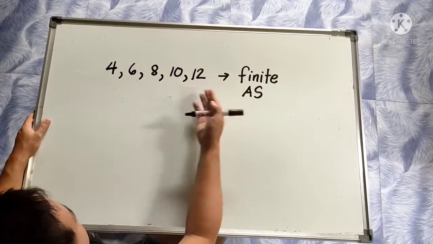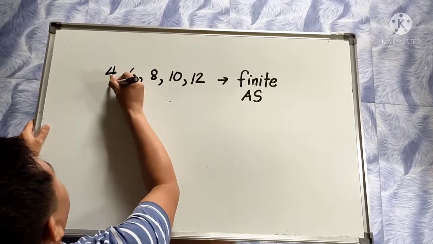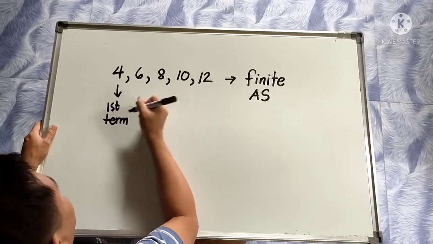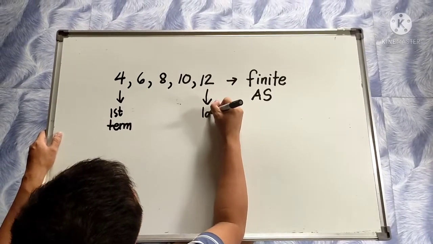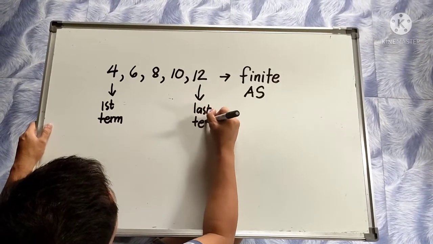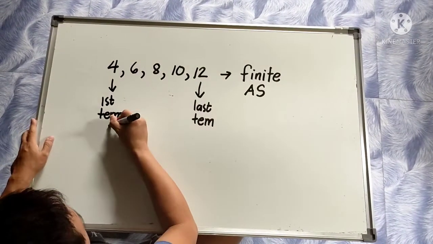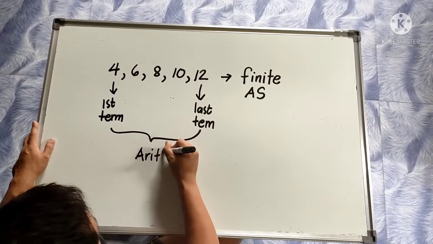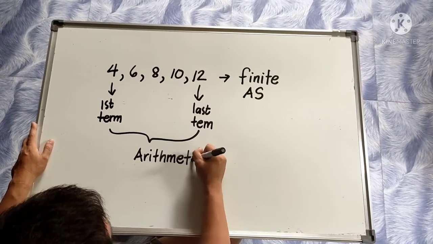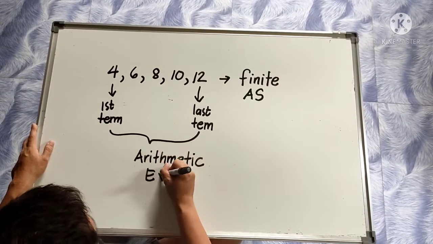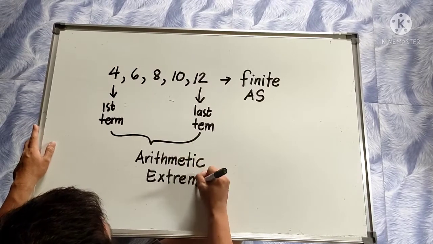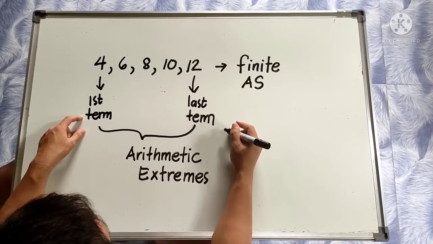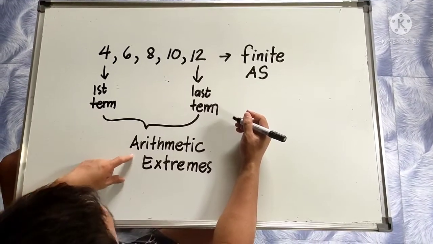Okay? So in this case, the first term and the last term, these two are what we call the arithmetic extremes.